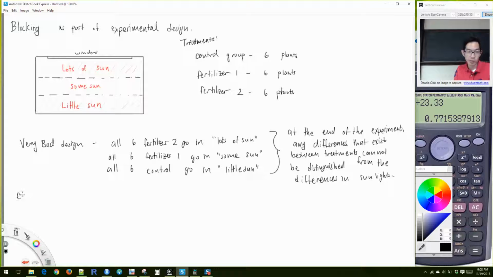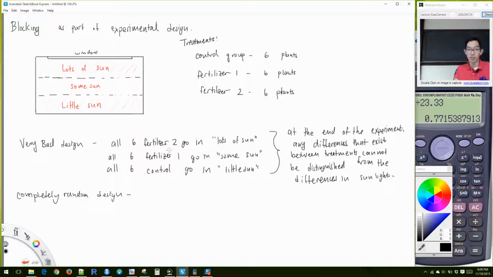We can go for a completely random design. With a completely random design, we just say, oh, okay, we've got 18 plants. Let's just randomly assign 6 to fertilizer 2, randomly assign 6 to fertilizer 1, and randomly assign 6 to the control, and we'll throw them into our room, okay?